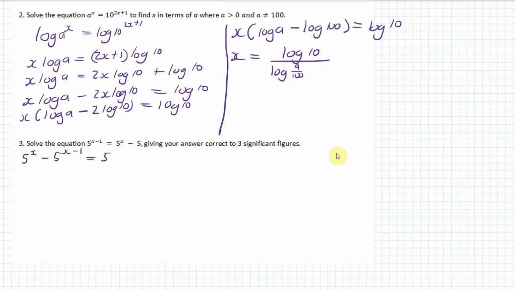Now, another way of writing this is 5 to the power of x minus 5 to the power of x times 5 to the power of minus 1 equals 5. You might be thinking, wait a second, how is he getting that? How is this equal to this? We can think about it like this. Let's say I had 2 to the power of 4 minus 1.